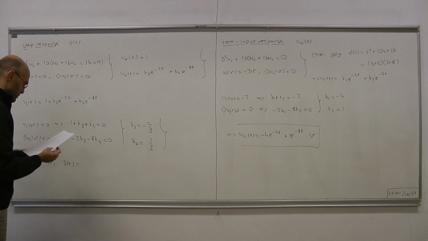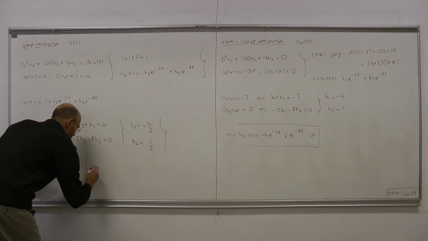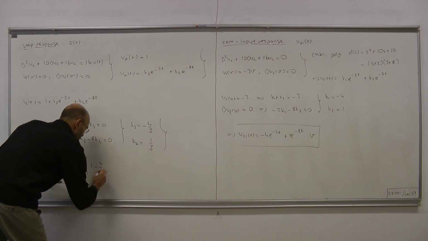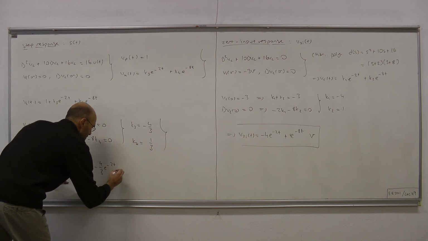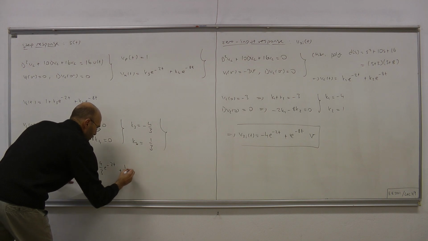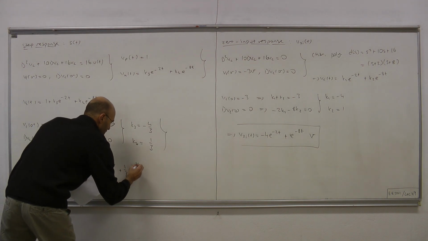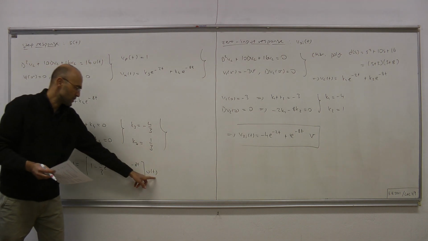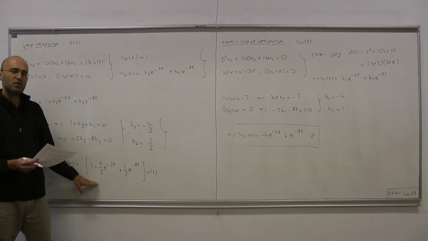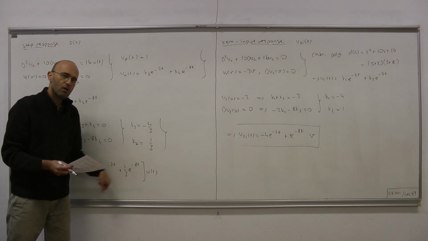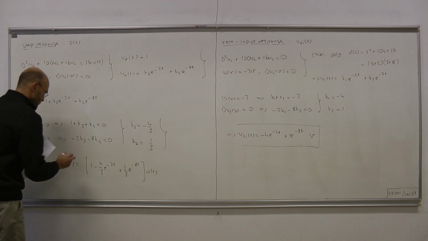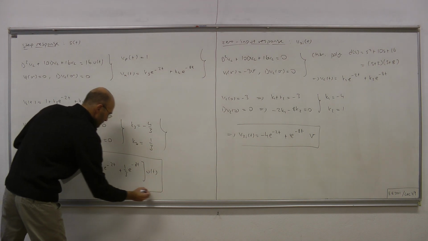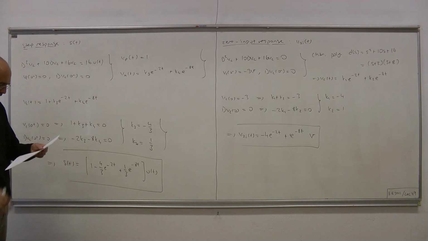Therefore, step response is 1 minus 4 over 3 e to the minus 2t plus 1/3 e to the minus 8t, and everything is multiplied by unit step. This tells us that this is what we have for t positive, and everything is 0 for t negative.